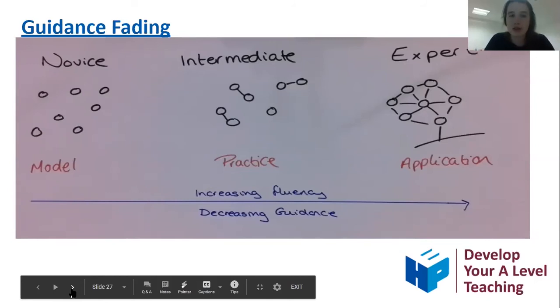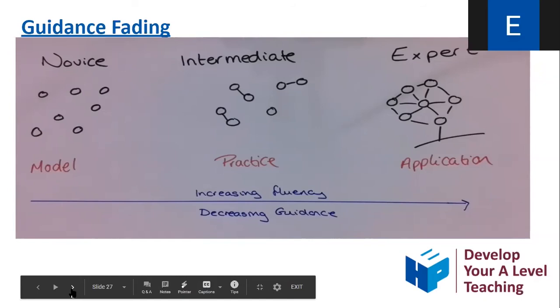They need you to show them what their thought process should be. And while we're modeling, it's really useful to think aloud what you are thinking as an expert, which is why it's so important to be aware of our expert blindness, because we don't want to skip steps. We want to make sure that all the steps that we do inherently, because we're experts, we make really clear to pupils that they need to do too.